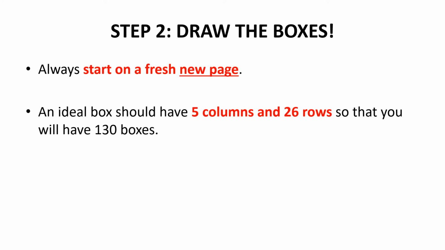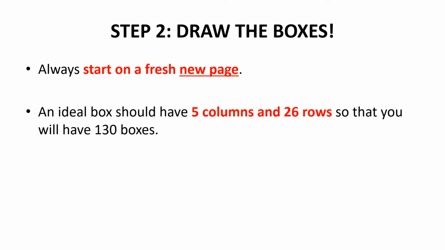An ideal box should have 5 columns and 26 rows. Columns adalah menegak. Rows adalah melintang. So 5 times 26, you will get 130 boxes.